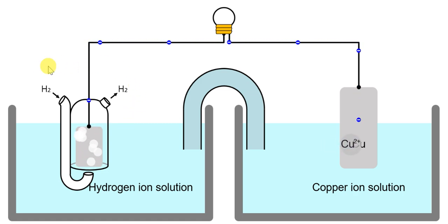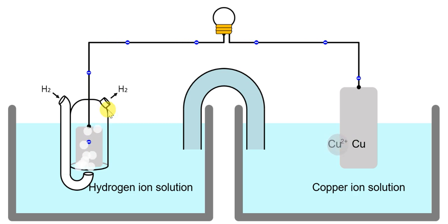So if you look at everything we have here, this is what we call the standard hydrogen electrode, SHE. You can see that the hydrogen gas is coming in from here and goes out from here, so there is a constant supply of hydrogen gas.